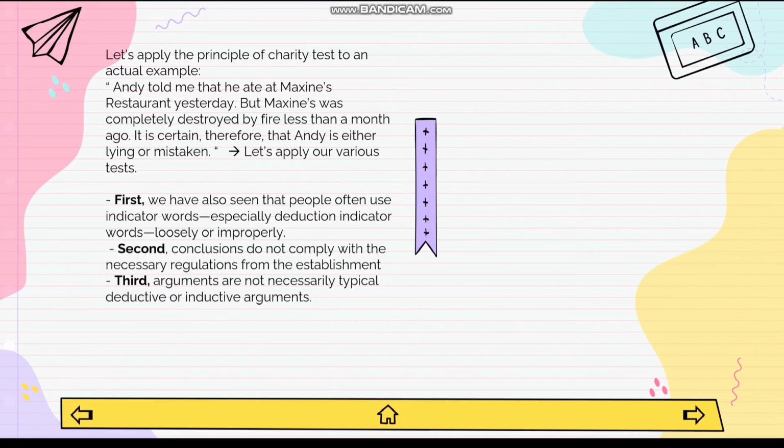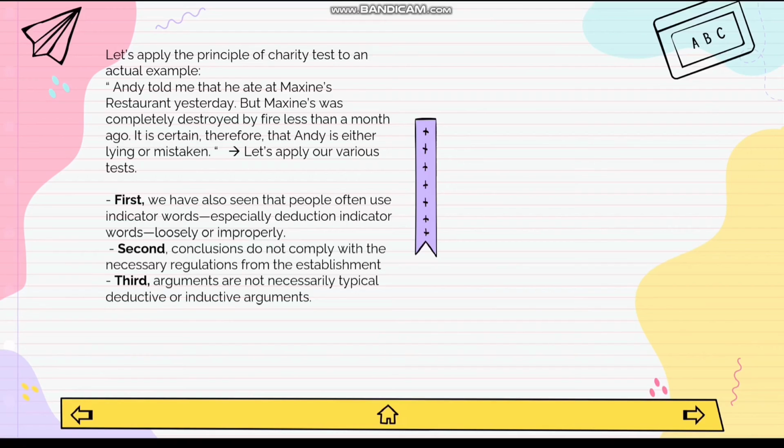First, we have also seen that people often use indicator words, especially deduction indicator words, loosely or improperly. So this first test, though it clearly suggests that the argument is meant to be deductive, shouldn't be treated as conclusive.